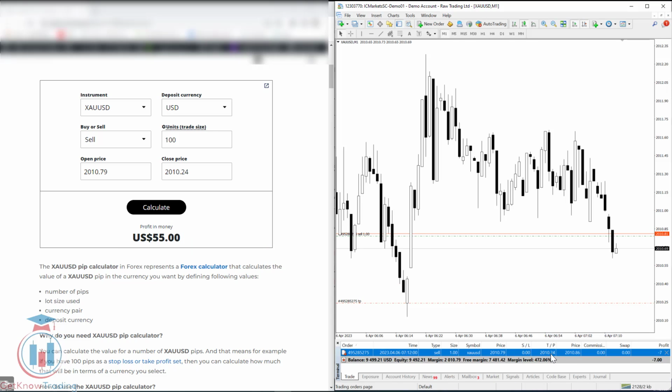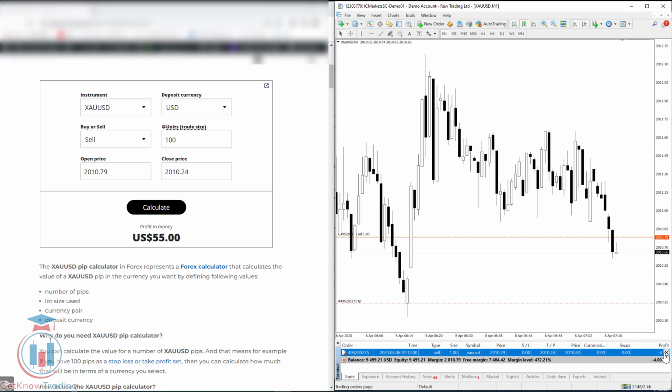This is not the case where we have 5 digits after the decimal point, like with EUR/USD. Here the gold has only 2 decimal points. So do not think that 55 means 5.5 pips, where 5 is with pipettes. In this case the gold is defined with 2 decimal points, and there are no pipettes here. So you have 55 pips, which is equal in this case to $55.